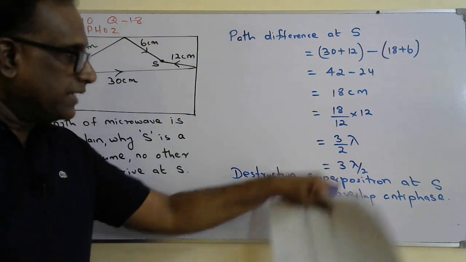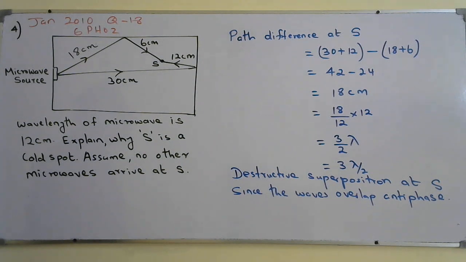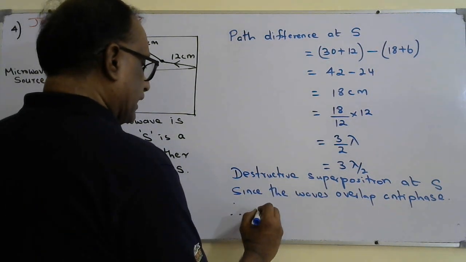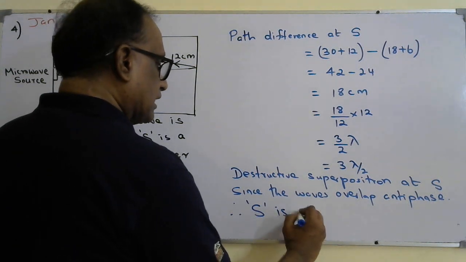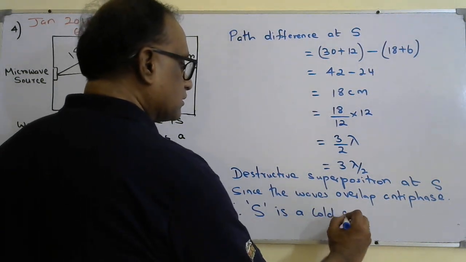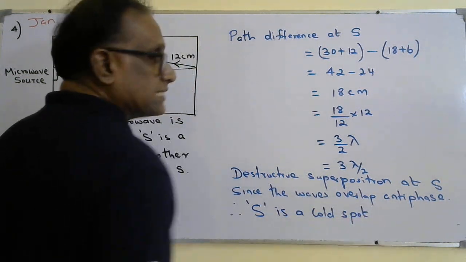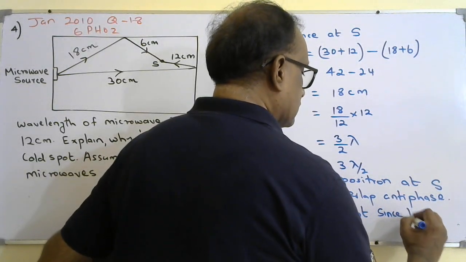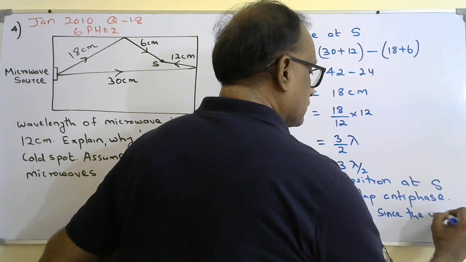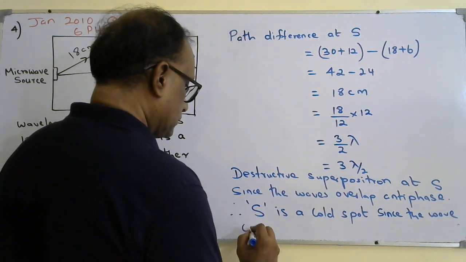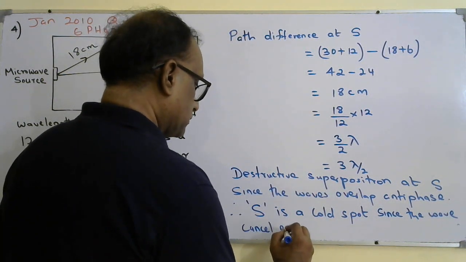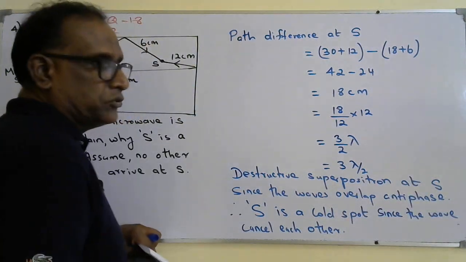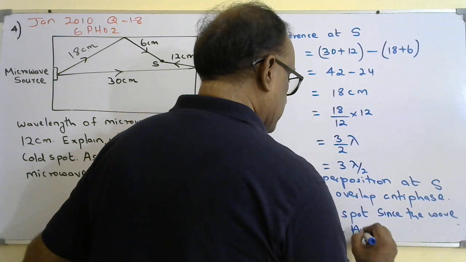If it is destructive superposition, the waves overlap in antiphase. Therefore S is a cold spot since they cancel each other. Amplitude equals 0. If you want, you can say amplitude 0.